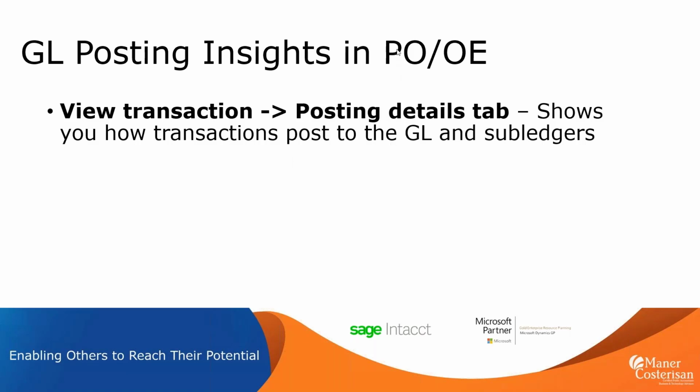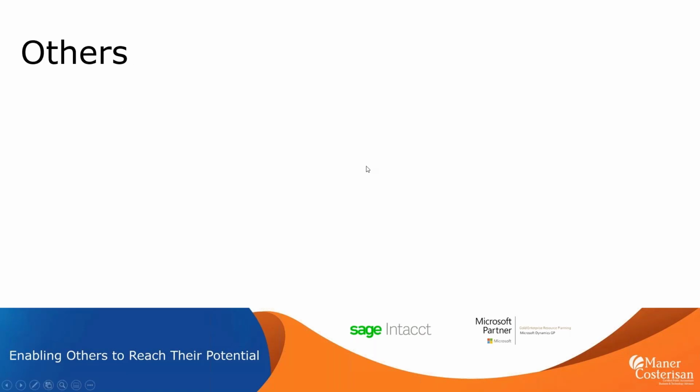Because once again, inside of purchasing and order entry, you may not have GL codes in those modules. You're using item identifiers, and those item identifiers may not tell you which account it actually posts to. So this is a quick way for you to see how things post without jumping through any hoops. So I wanted to make sure I talked about that.